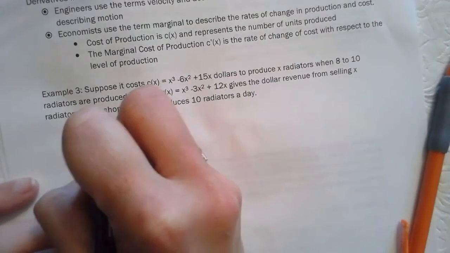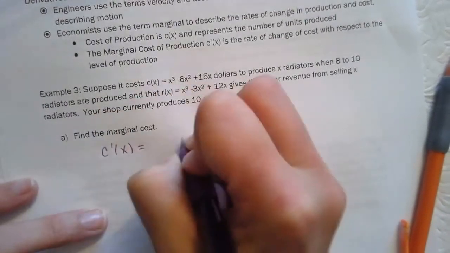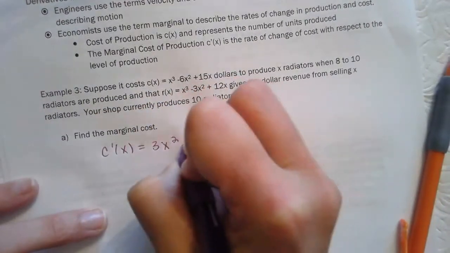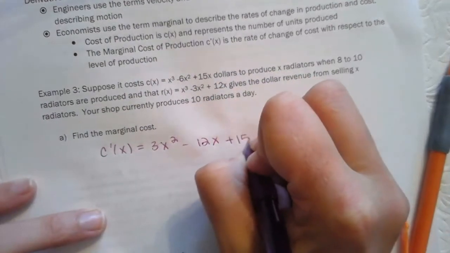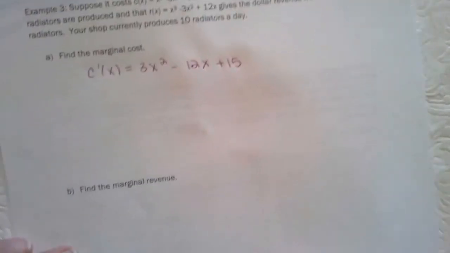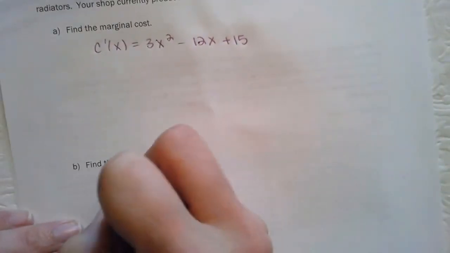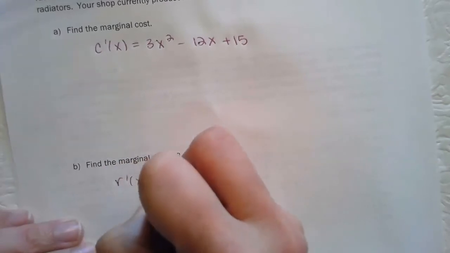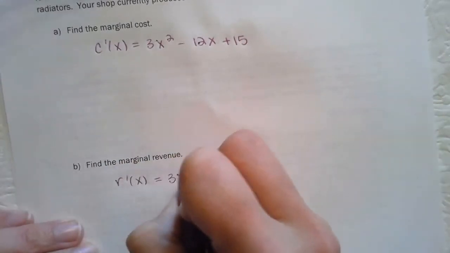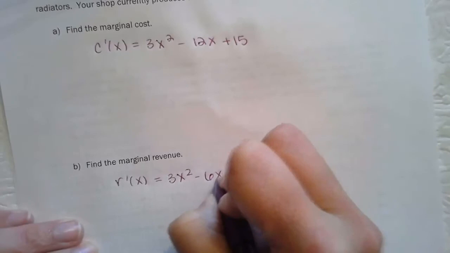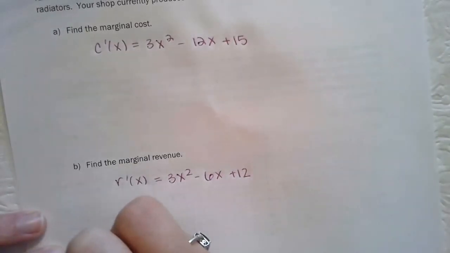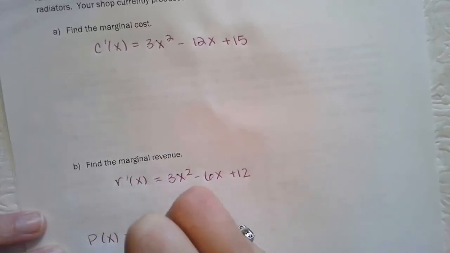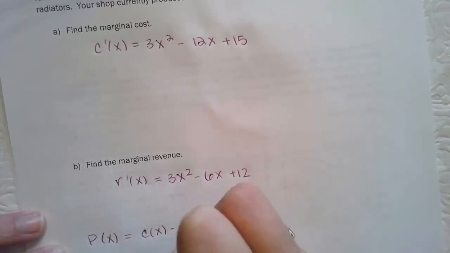So marginal cost would be C prime of X. Marginal revenue would be R prime of X. And then, like I said, profit is cost minus revenue, or revenue minus cost.